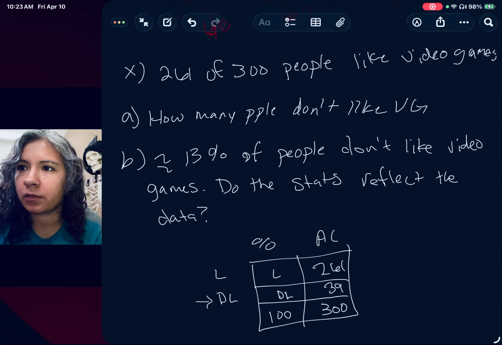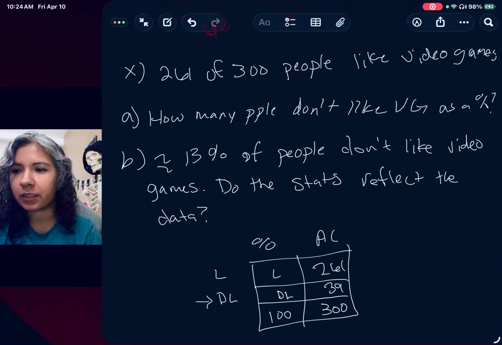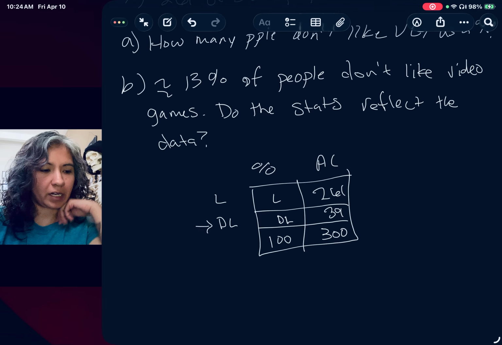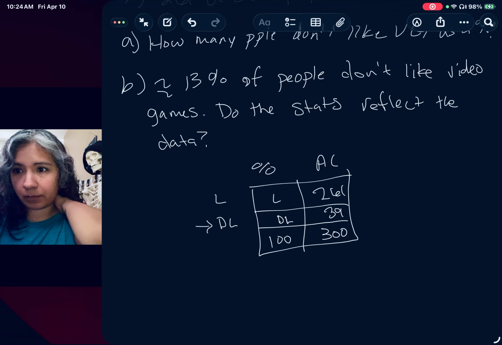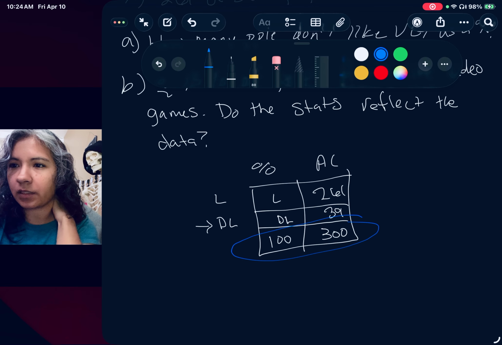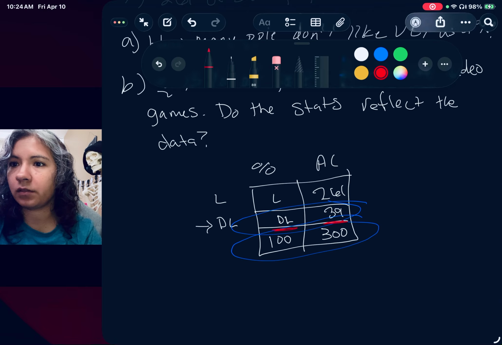How many people don't like video games as a percent? Okay, because otherwise it would just be 39 for how many, by adding and subtracting. So we are going to use this line. We're looking for this one. So our ratio is going to be here.